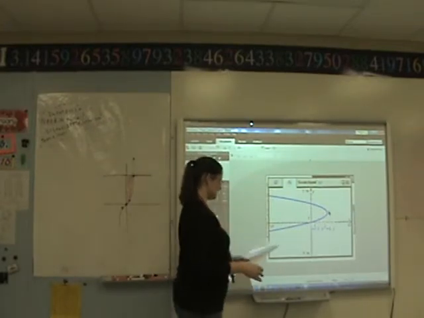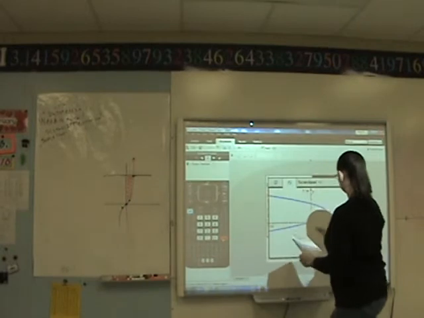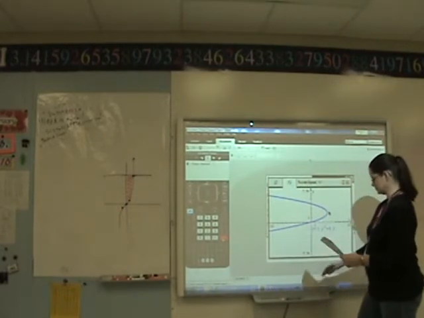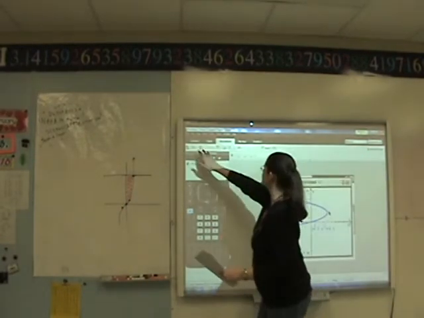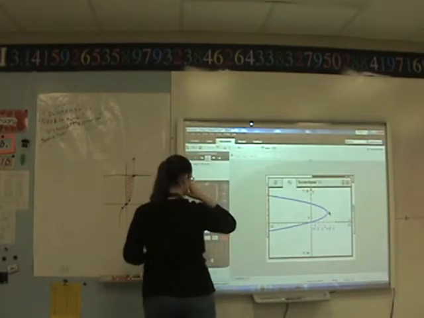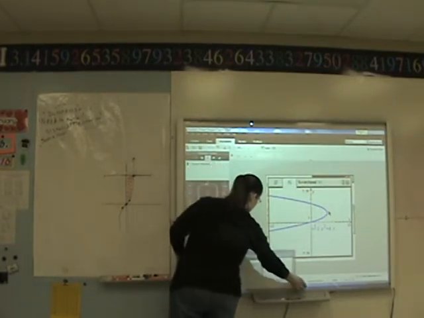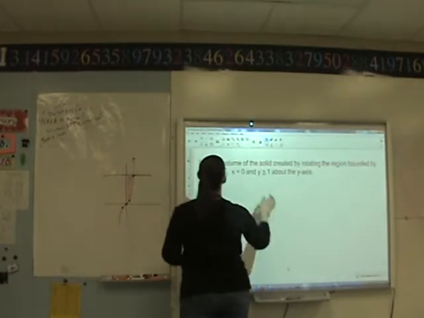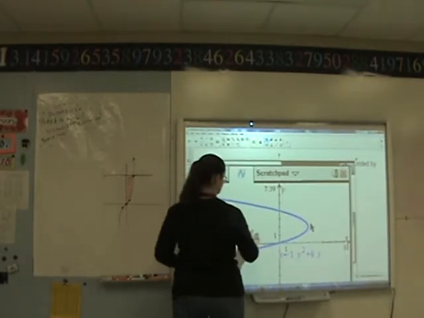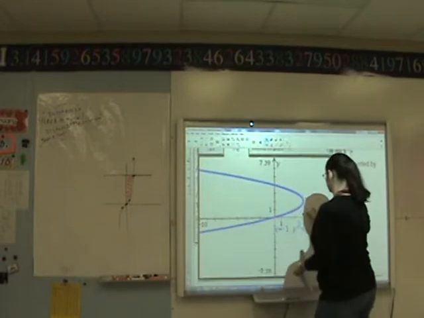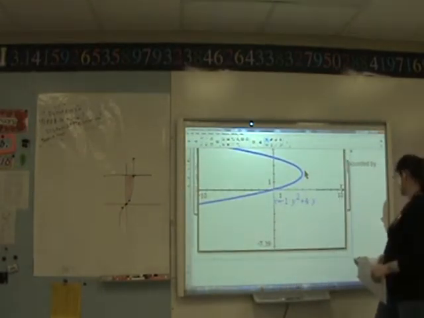So we want x equals 0. Wow, that's really big. Biggest graph ever.